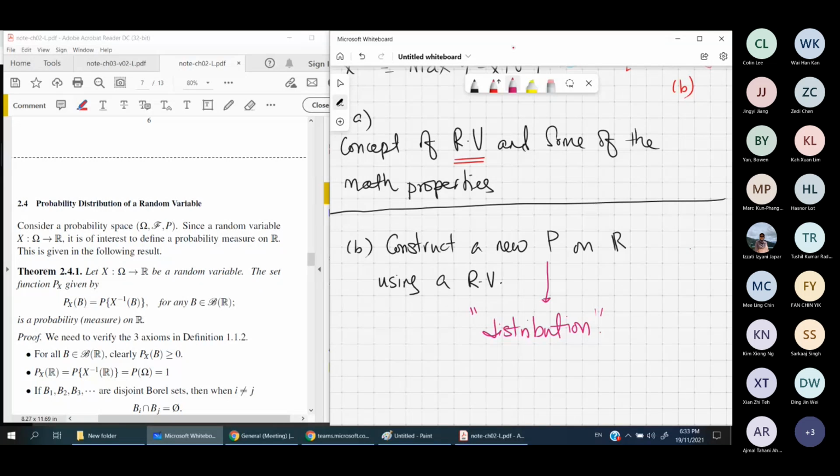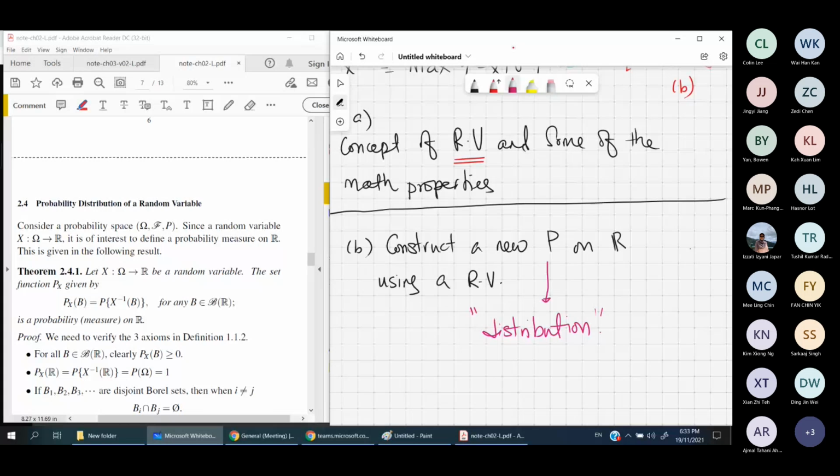Right? This includes all the so-called binomial distributions, normal distribution, beta distribution, gamma distribution, and so on. All those distributions actually belong to here.